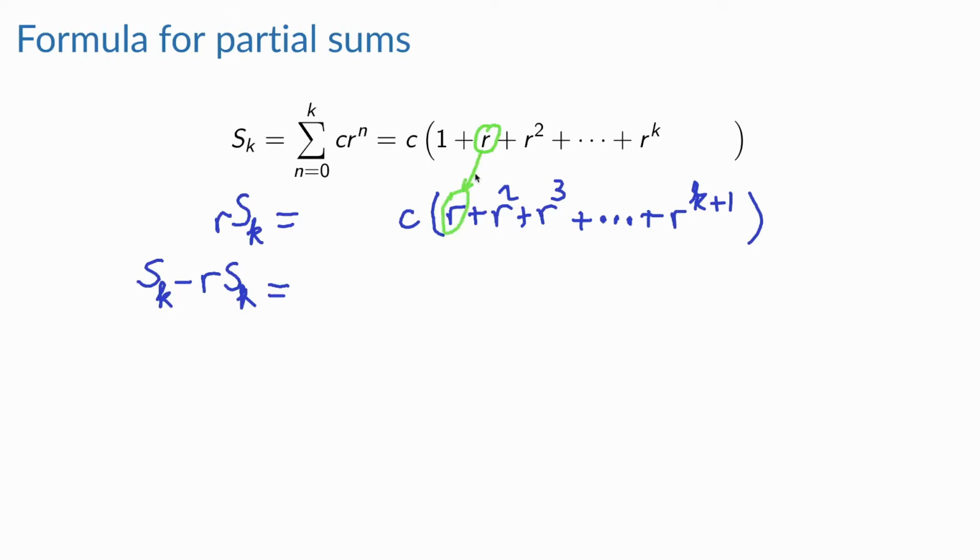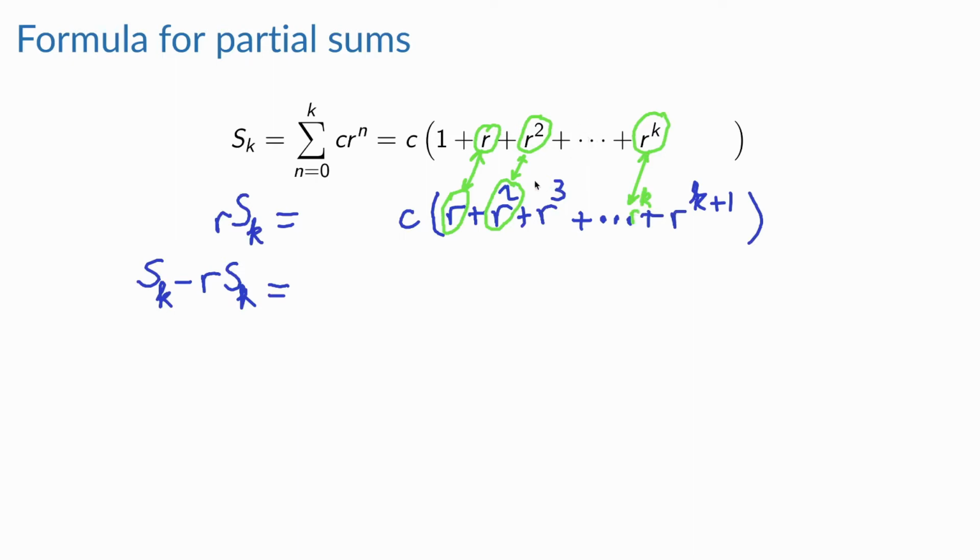So when I subtract, these two are going to kill each other. And here I have an r squared, and there I have an r squared, and these terms are going to kill each other. And so on and so forth. And then this r^k here is going to get killed with the one right there. There's an r^k right there, and this r cubed is going to kill somebody in my dots.